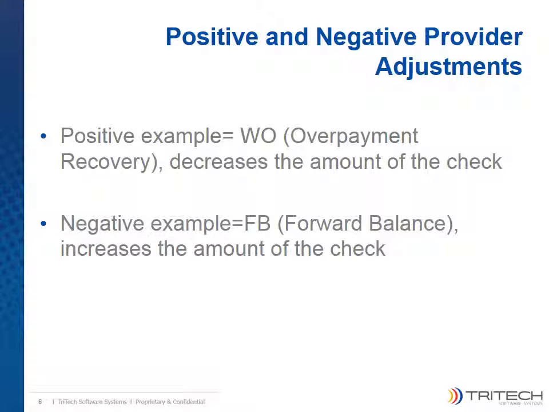A common example of a negative provider adjustment would be an FB, or forward balance adjustment, when the payer has reversed the payment on a previously paid claim. That's when a negative provider adjustment is included in a remittance, and the check amount will be greater than the claim's paid amount.